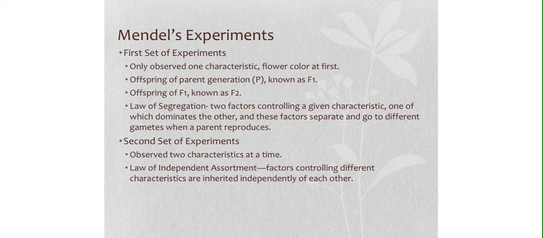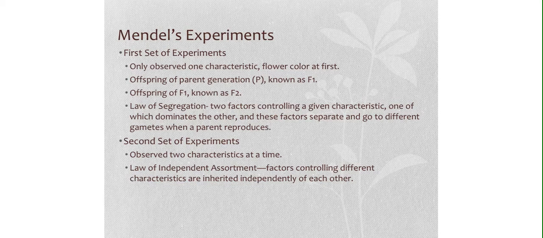And you should know what this is, because we kind of talked about this in the last chapter. But if you don't, here's a refresher. The law of independent assortment states that factors controlling different characteristics are inherited independently of one another. So what he's saying here is it's not a guarantee just because you're yellow and tall that your kids will be yellow and tall, or that your kid won't have yellow and short.